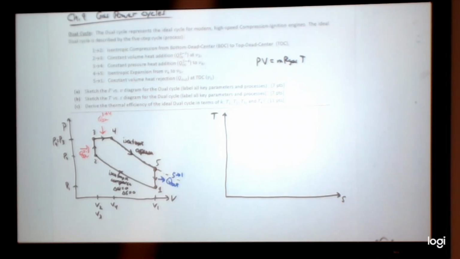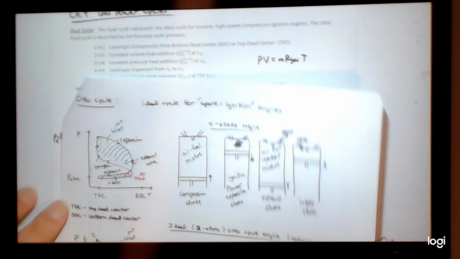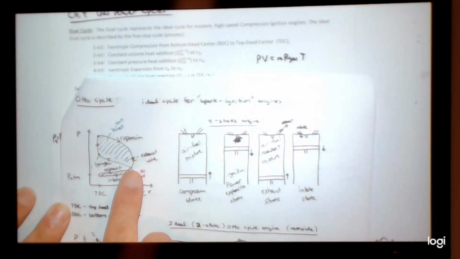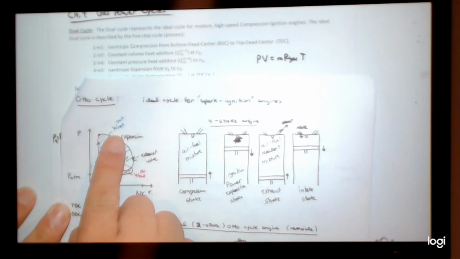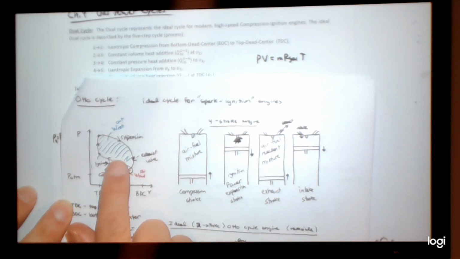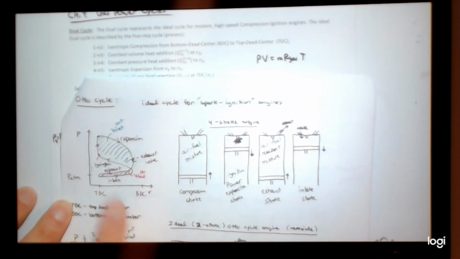And if I were to go back to some Otto cycle pictures that we covered not only earlier, but also in chapter 5, the Otto cycle again was for the spark ignition engine. You see how this looks? It kind of mimics what would actually be measured. Now the Otto looked a little bit different, looked like this.